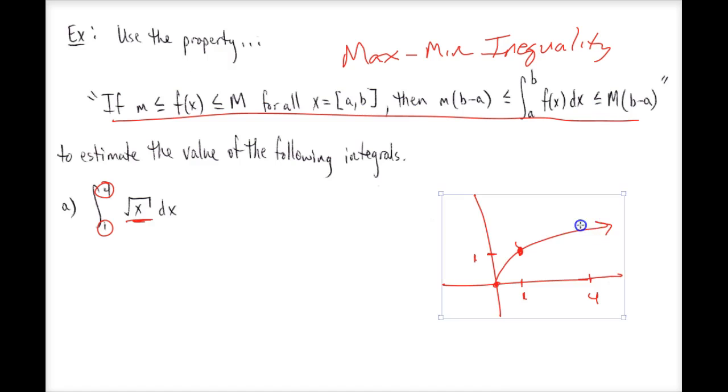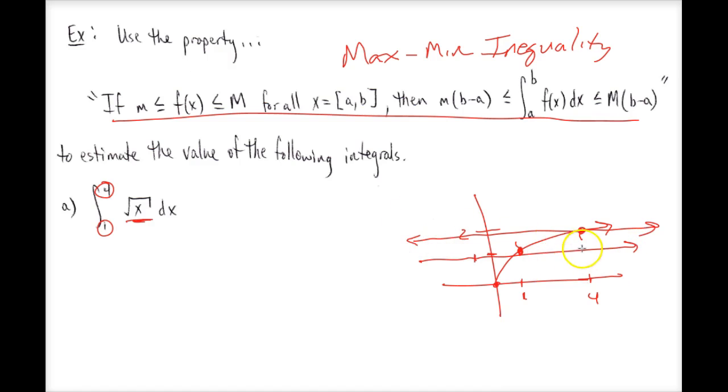And of course, this goes up to about here, and that maps up to 2. So we know that on the lower end, we would have a constant function of y equals 1 going like this. On the higher end, we would have a constant function of y equals 2 going like this.